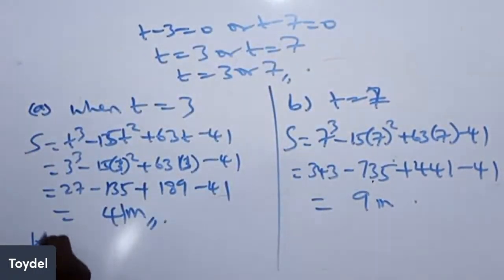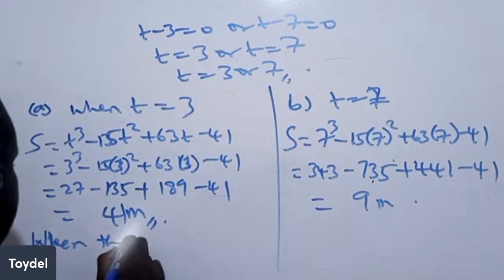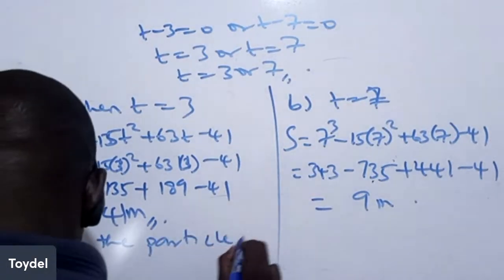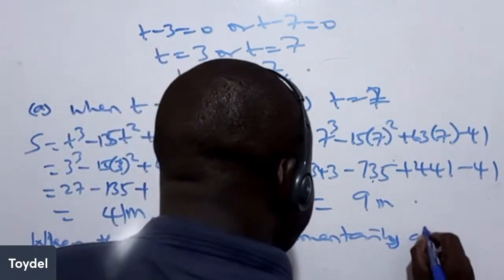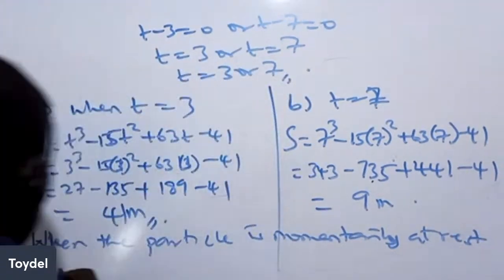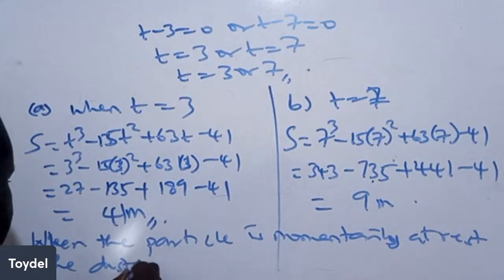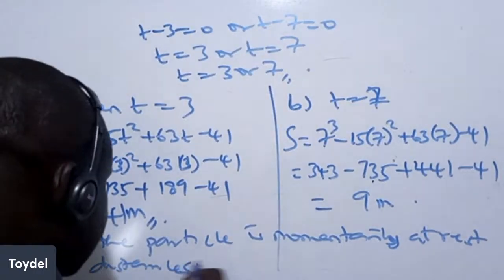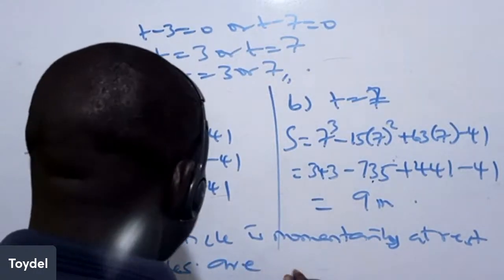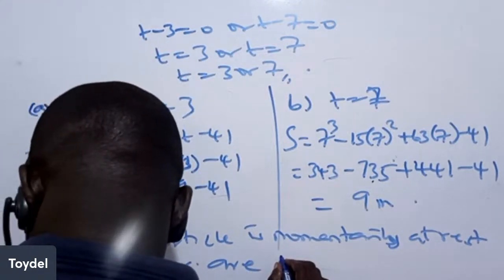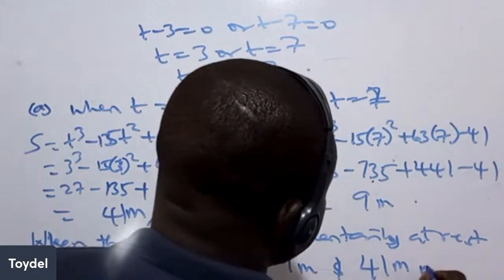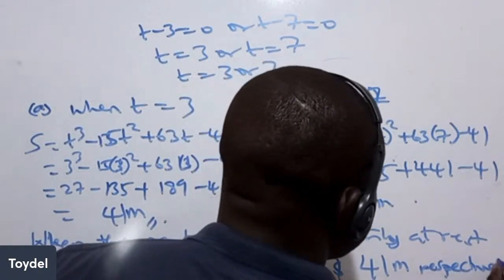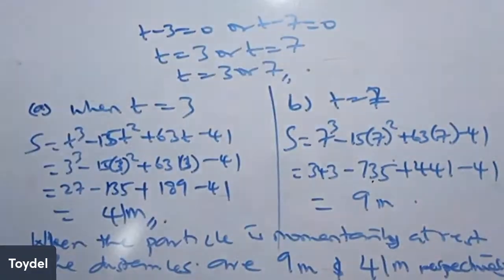So when the particle is momentarily at rest, the distances are 9 meters and 41 meters respectively.